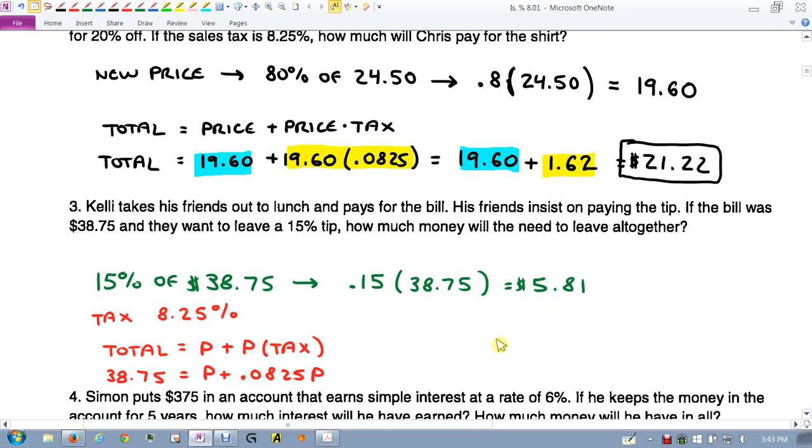But I'm getting back to this: do you tip off of subtotal, total? Let's see what would be better here for the waiter. So put the two P's together, you get 38.75 equals 1.0825 P. Divide both sides by 1.0825 and you get 35.79.